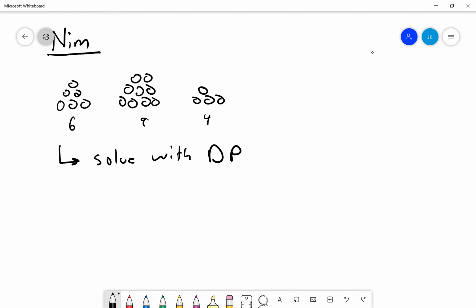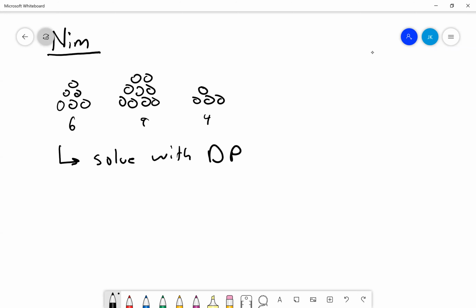However, there is a particularly interesting property of Nim, and if you want a real challenge, try to figure out why this is the case. I won't go into it, but you can look up why it's the case, but I would encourage you to think about it first.